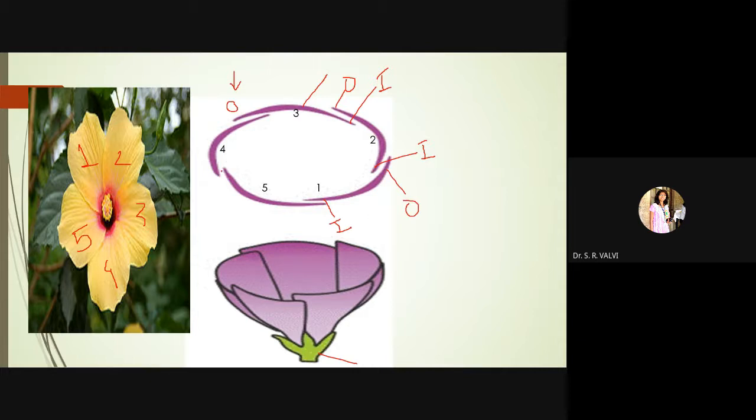Okay, means each sepal has one end overlapped by the adjacent sepal, right? So out, in, out, in, out, in. Likewise all the sepals are present. So this type of estivation is called as what? Twisted estivation. Okay, you can see over here also. This end is inner and this end is outer.